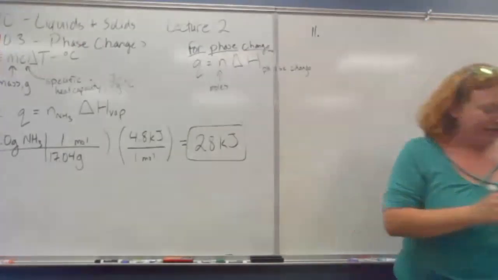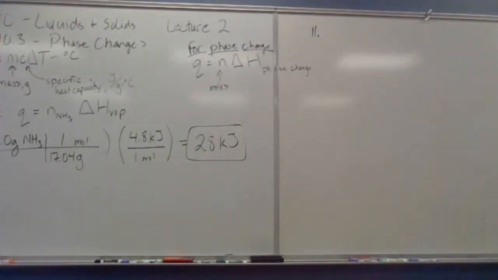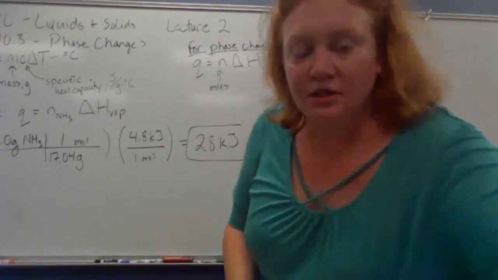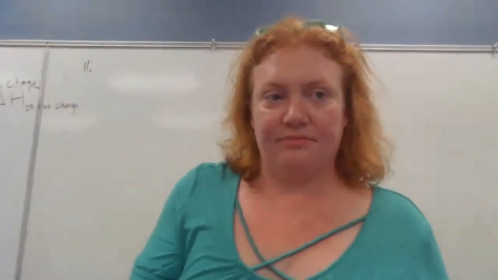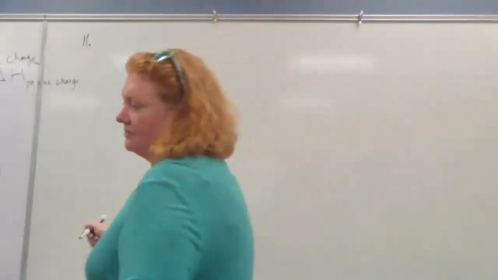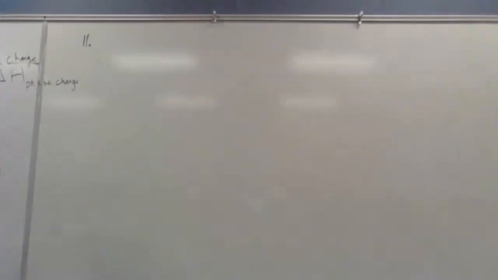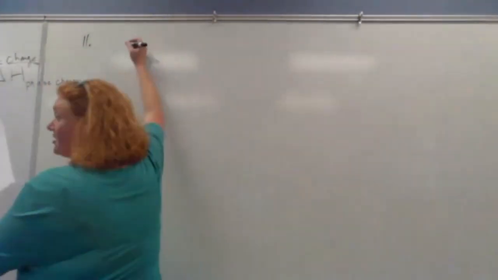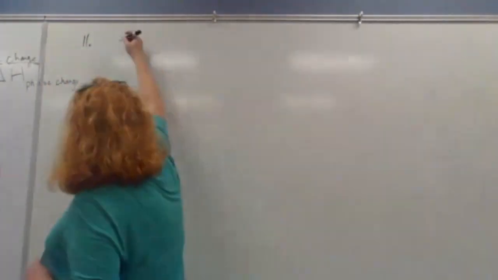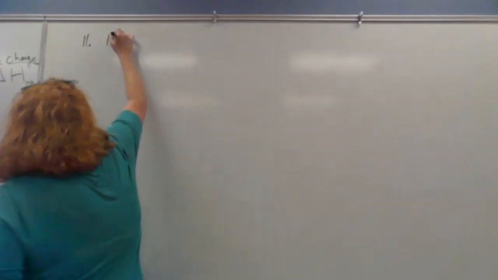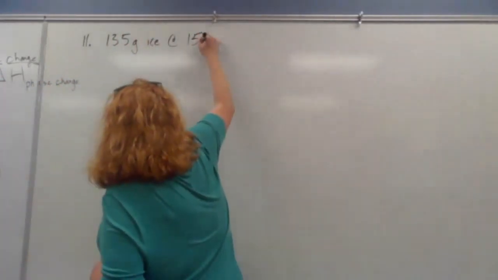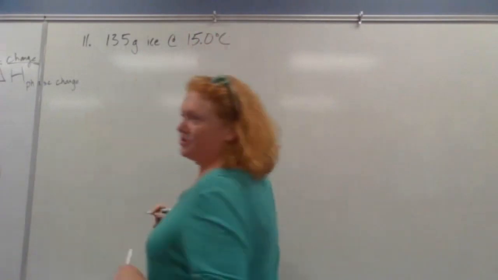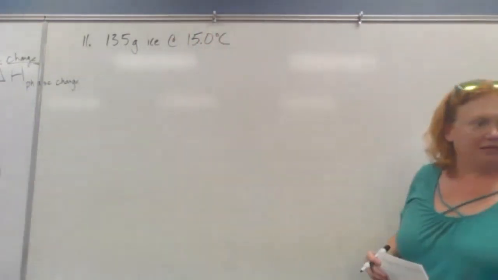Calculate how much heat is required to convert 135 grams of ice at negative 15 to vapor at 120 degrees C. If you would, on number 11 in your in-class, make that say 15.0 for me, please. I meant to put a decimal after that.